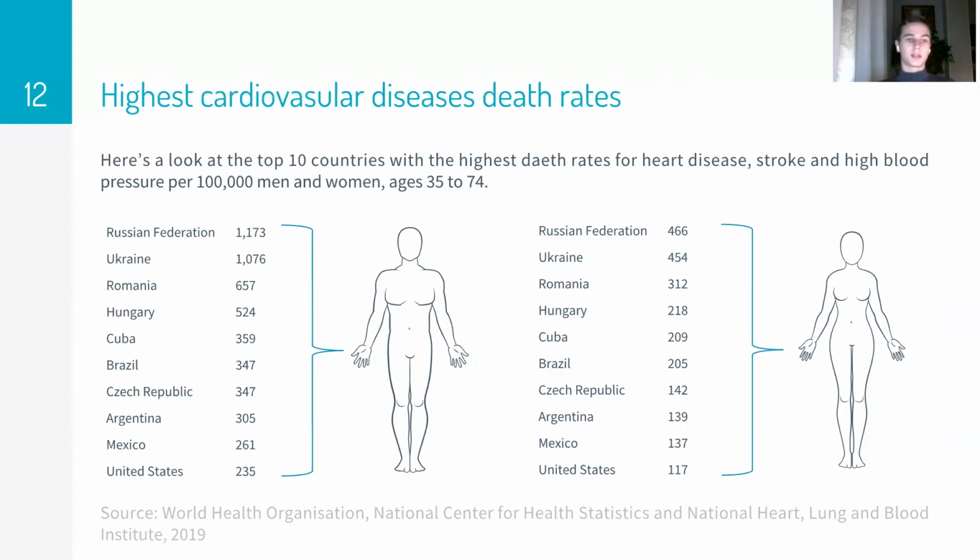The sources are the World Health Organization, the National Center for Health Statistics and National Heart, Lung and Blood Institute data for 2019. Here we can find that first place for cardiovascular disease goes to the Russian Federation, and second place goes to Ukraine.